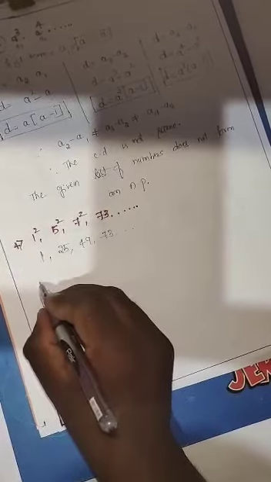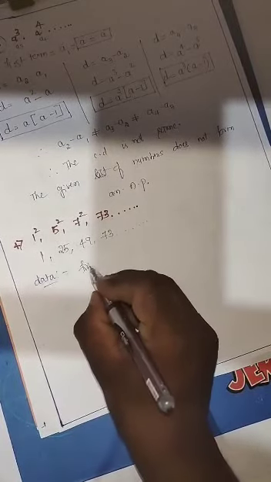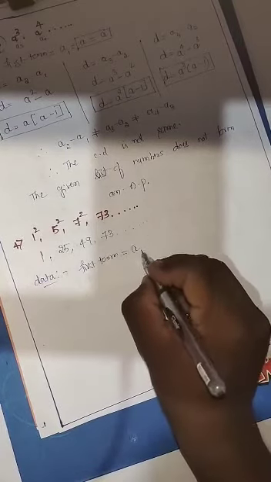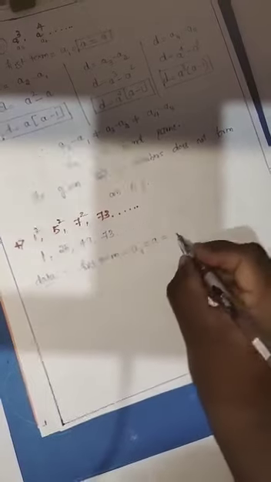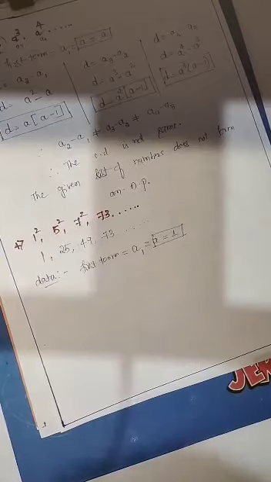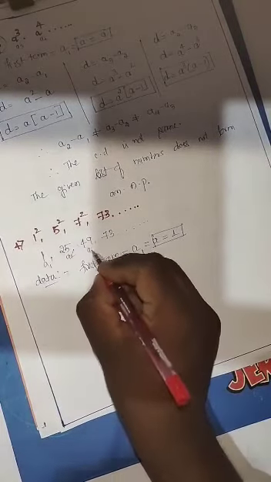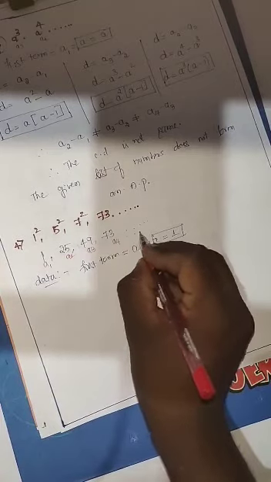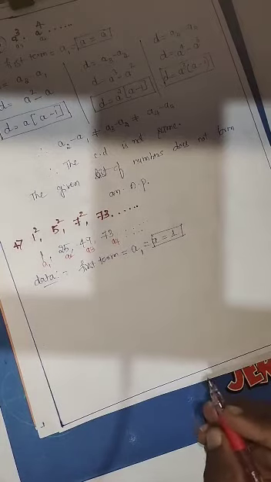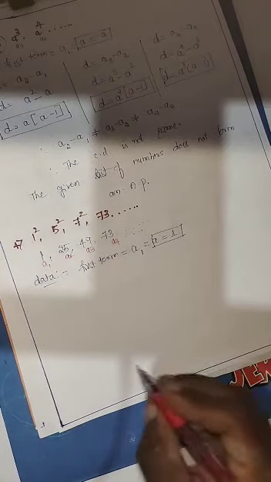So here, in the given data, the first term can be denoted as a1 or a, which is equal to 1. Then the second term; see, this is a1, a2, a3, a4, etc. We know that the difference between any two consecutive terms is known as the common difference.